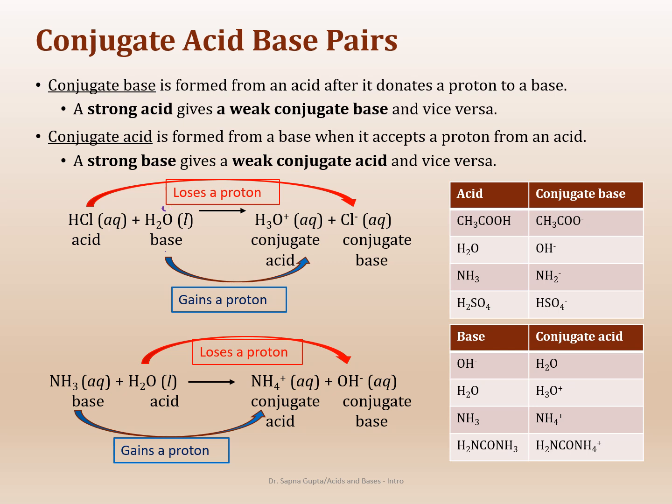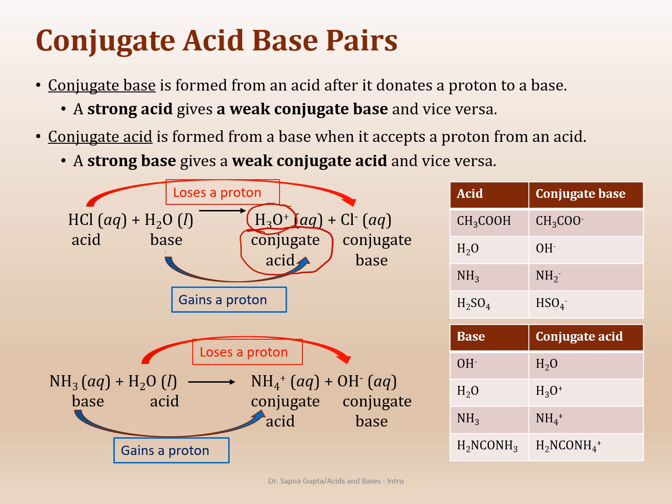Okay, let's remove all of this writing that I have done so I can focus you on something very interesting. So acid is becoming the conjugate base, base is becoming the conjugate acid, right? That's what we just said. Now I want you to focus on the conjugate acid for a second. Look at the conjugate acid. It's H3O+.